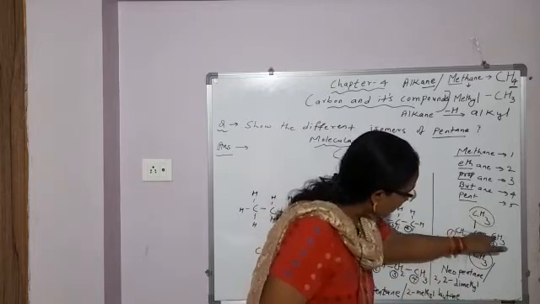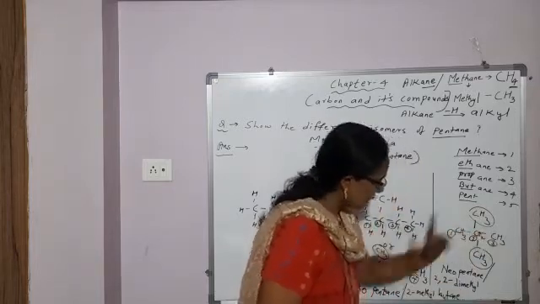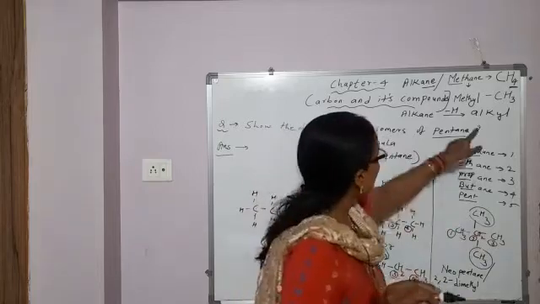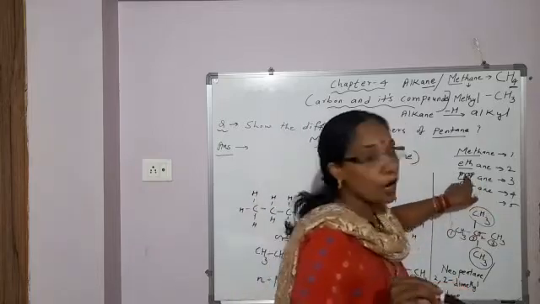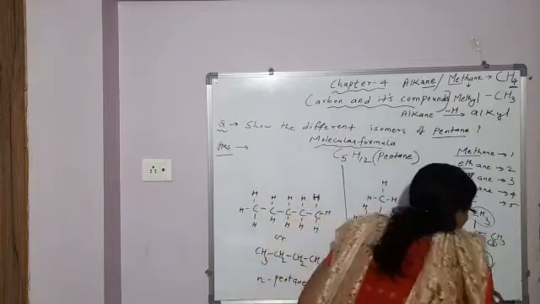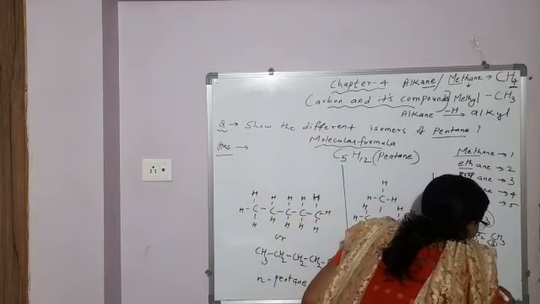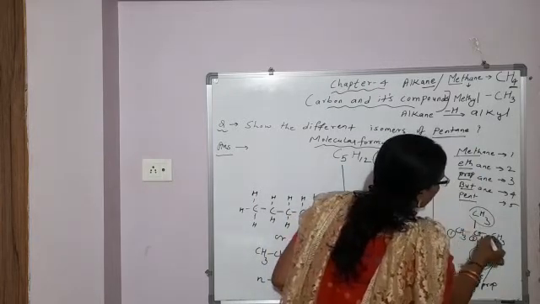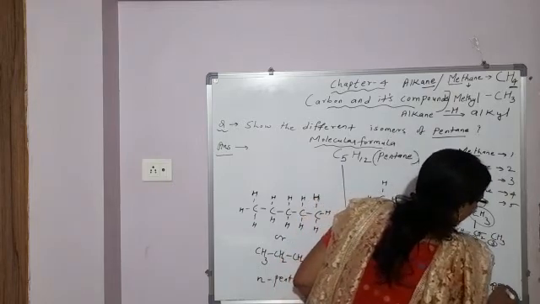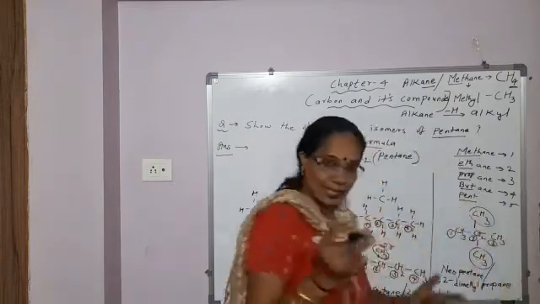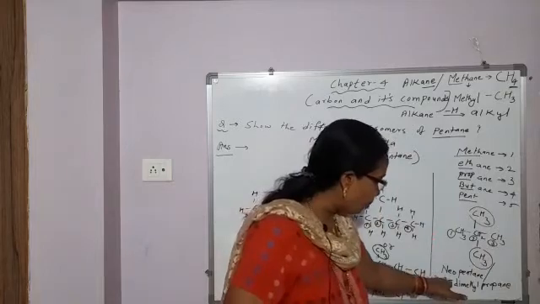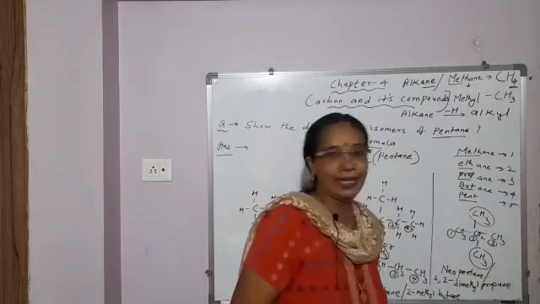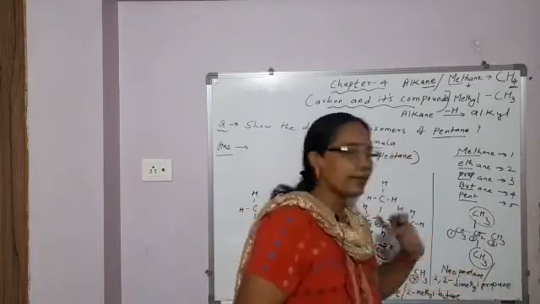Then how many carbons are left? 3. 1, 2, 3. And for 3 carbon atoms, what is the prefix used? Prop. And between these 3 carbon atoms, single bond, so ane. So the second way of naming is 2,2-dimethylpropane or neopentane.